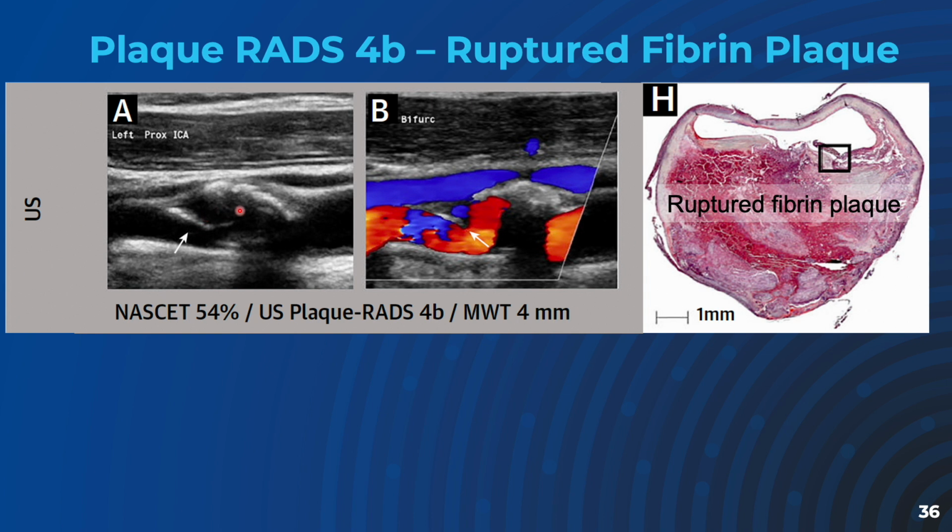The lipid-rich region is not visible, and presumably it's been discharged. However, on color flow, what you can appreciate is that the flow is perturbed, and some of it's actually reversing. This blue area just above the flap is the reversed flow, suggesting that the flap is free from the wall, and this would be a high-risk plaque.